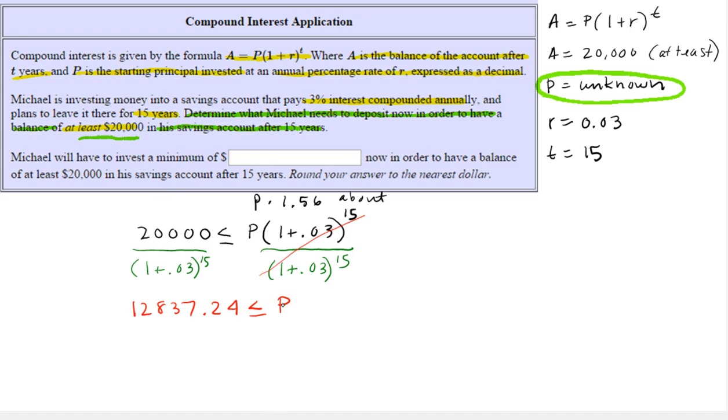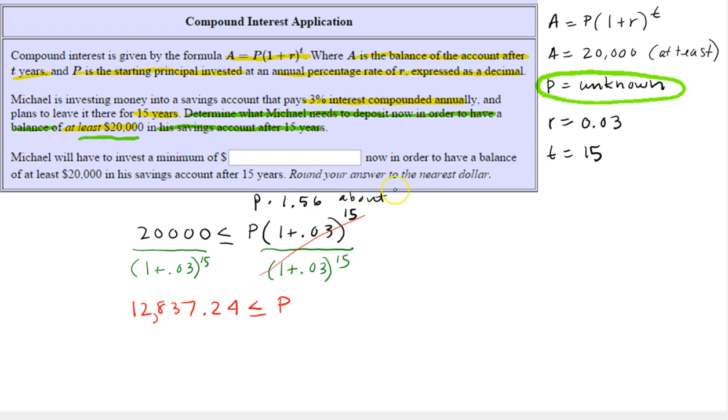Okay, so this means the principal that we want to invest has to be greater than or equal to $12,837.24. And that makes sense to me. It's less than the amount that we're going to end up with, so the investment's going to make money over time, and that seems reasonable.